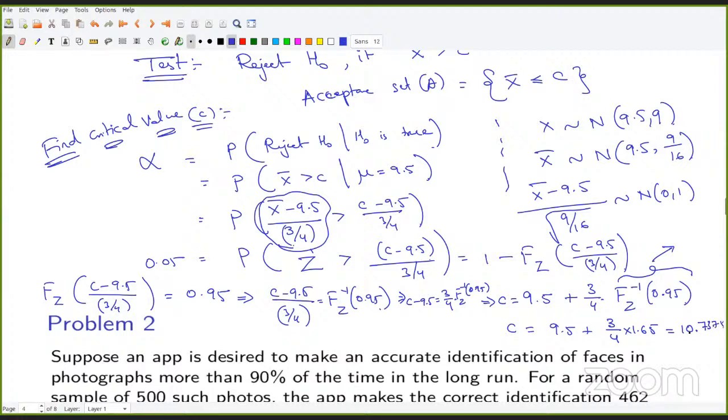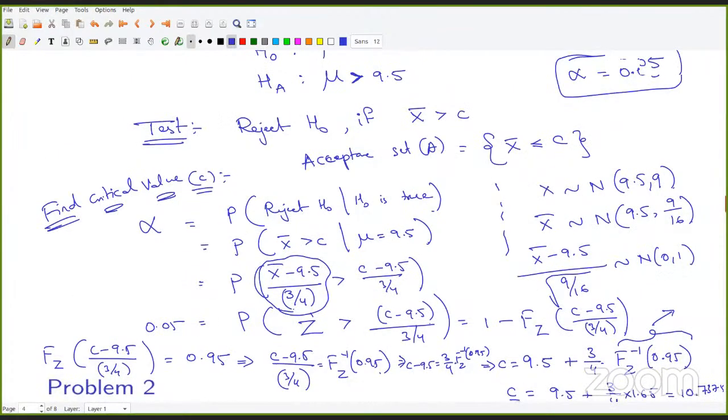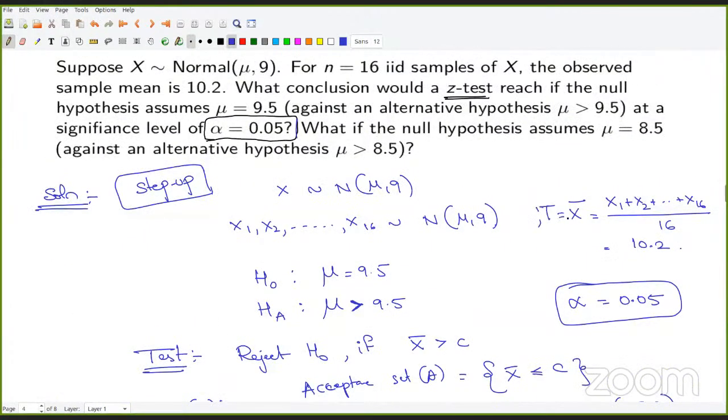Yes. So now we got the critical value. Also, we have the test statistic value, which is the sample mean. In this test for the mean, the test statistic is the sample mean. What is the test statistic value given? 10.2.